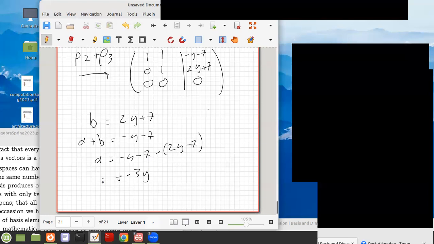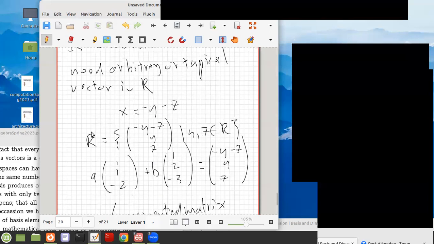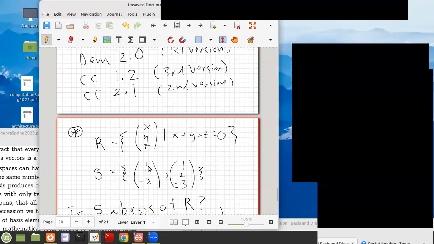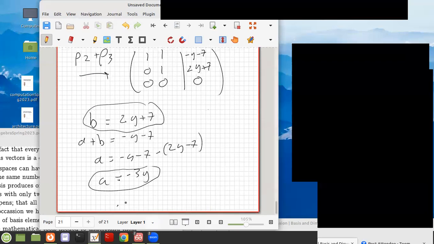So it's just a is just this, I think. Okay, so you can choose any y and z and you have an a and a b, right? So that means any vector in R can be written as a linear combination of these vectors. Therefore, R equals span of S.